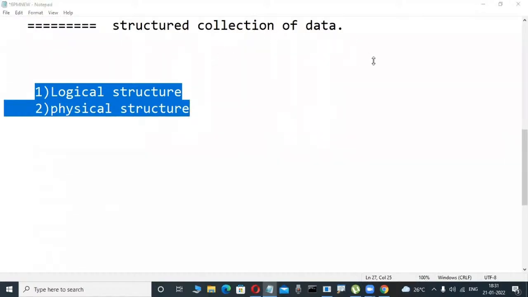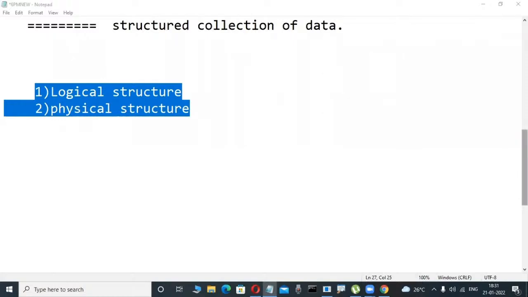What is physical structure? Some fellows are telling logical structure means logical structure, physical structure means physical structure only.